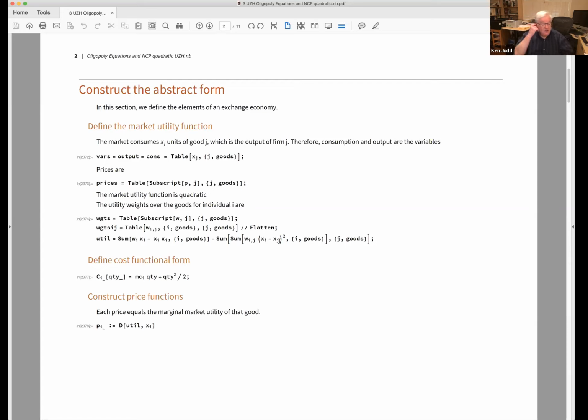So this is trying to model what we see, in that you want some of everything. You don't want to have wildly different amounts of consumption of two different goods. So what this means is that you have cross partial elasticities that are non-trivial.